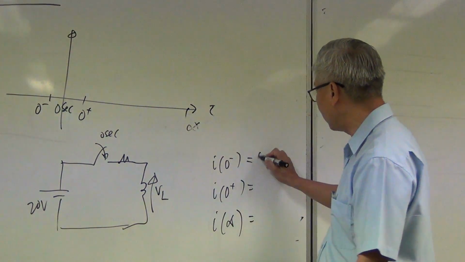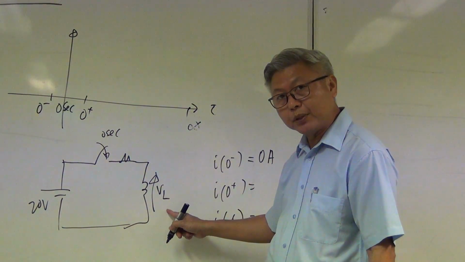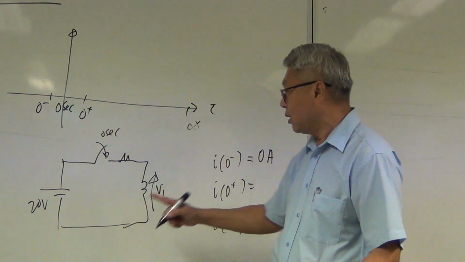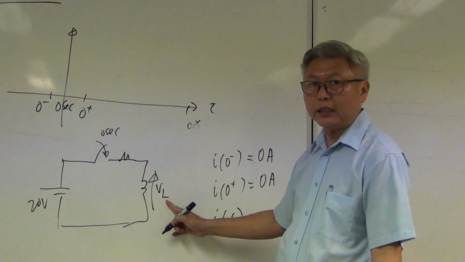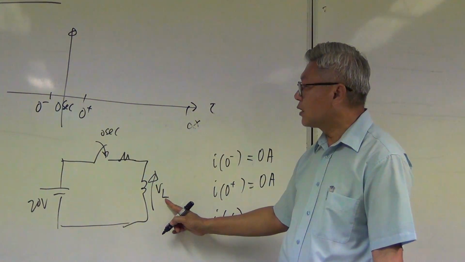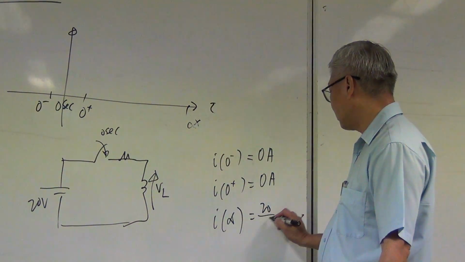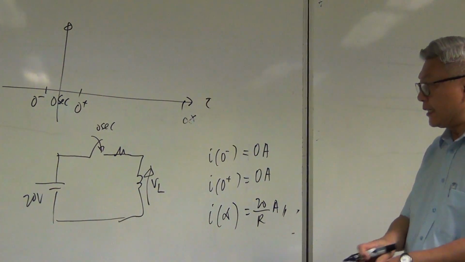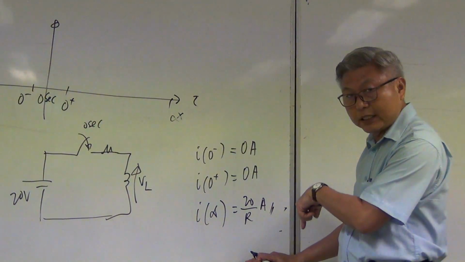Open circuit, so it's 0 ampere. After the switch is closed, remember we say it's a very stubborn one, it wants to maintain no change, so it will develop 20 volt to resist the current, so there's no current. Finally, it surrenders. It cannot resist the current forever. So finally, the current is 20 volt divided by the resistance. Okay, so that's for the inductor.